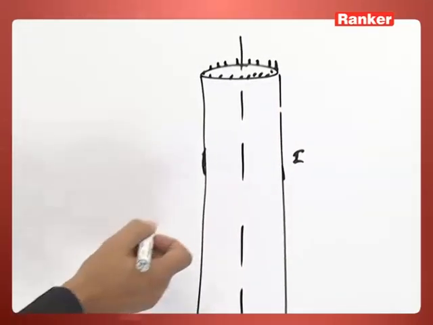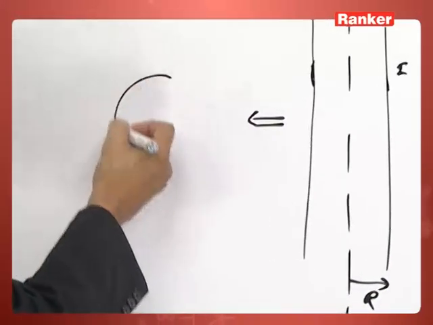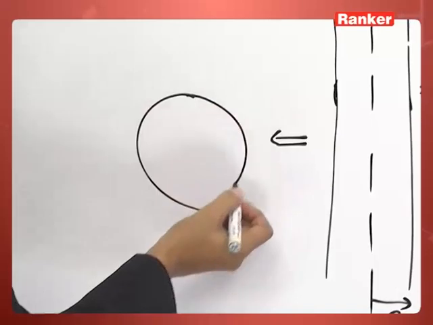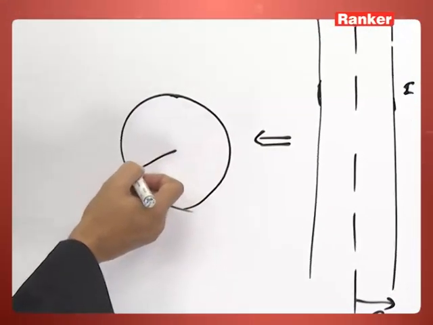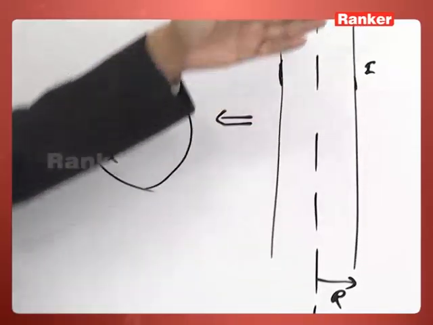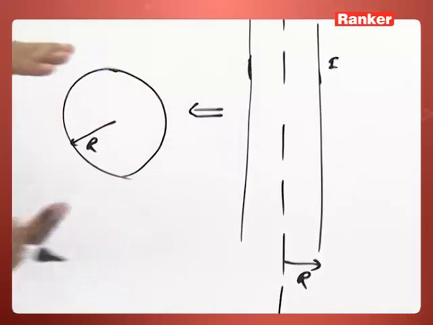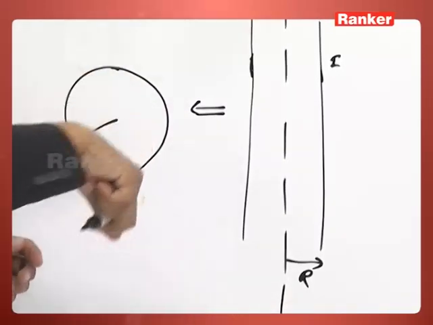Or if we make a diagram in that view, this is the circular cross-sectional area of the cylindrical conductor, and the conductor is a cylinder like this.